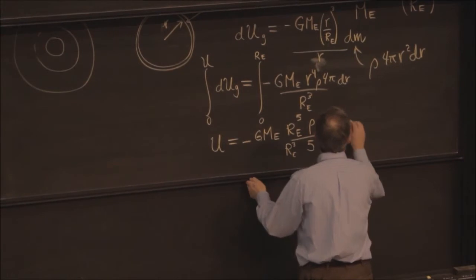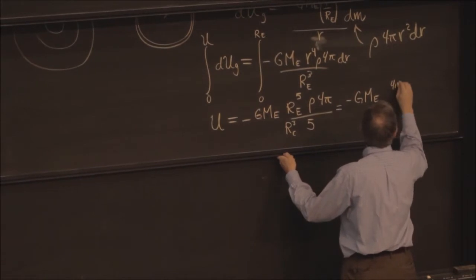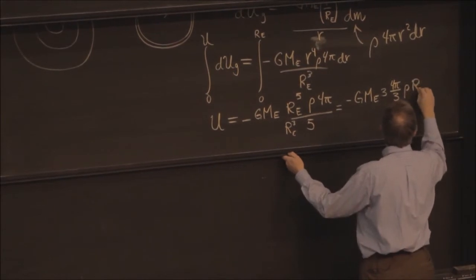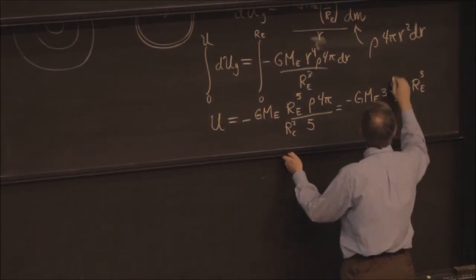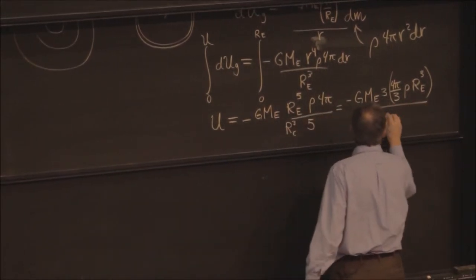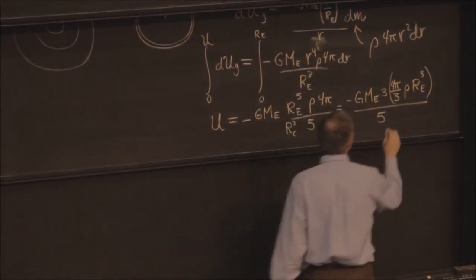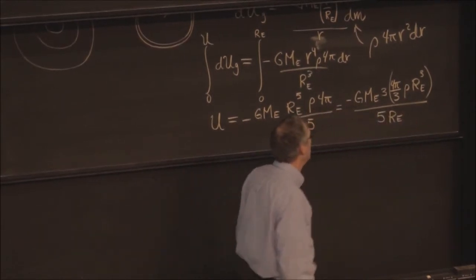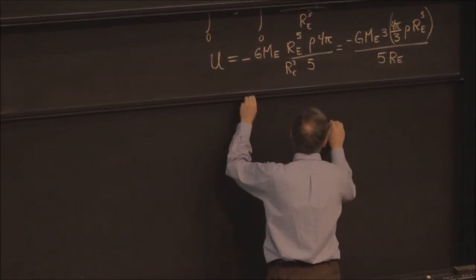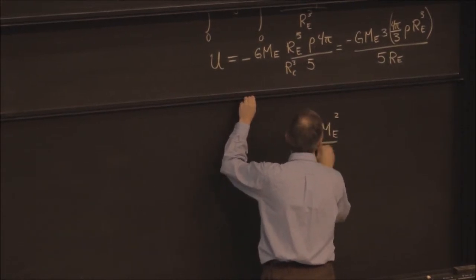So this is going to be minus G m sub e times 4 pi over 3 times 3 rho radius of the Earth cubed. And now, how many factors of radius of the Earth? I only had 2. I used 3, so I need to put 1 on the bottom. And the part that's in parentheses is the mass of the Earth. So I have minus G mass of the Earth squared, minus 3 over 5 times radius of the Earth.